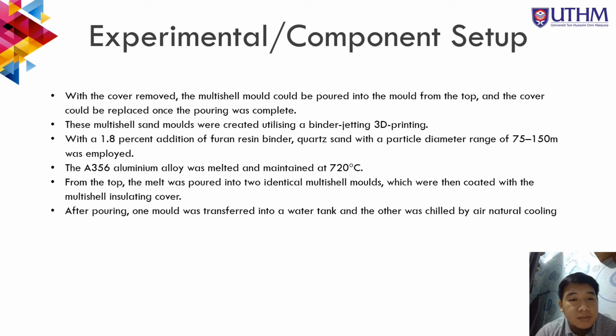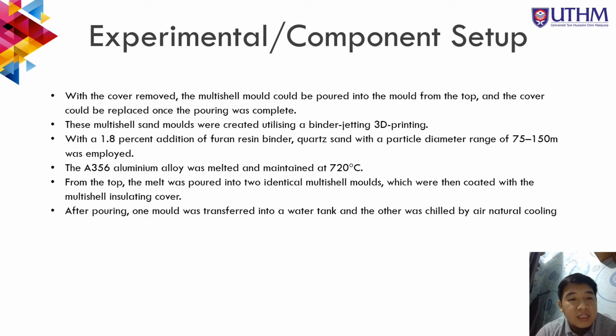This multi-shell sand mold was created utilizing binder jetting 3D printing with a 1.8% addition of furan resin binder, and quartz sand with a particle diameter range of 75 to 150 μm was employed.